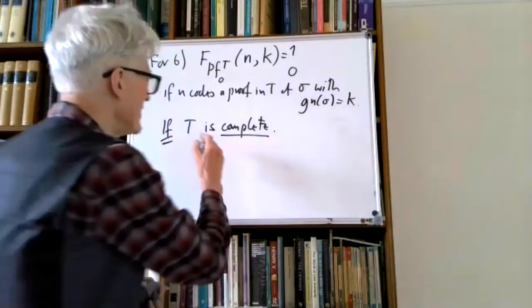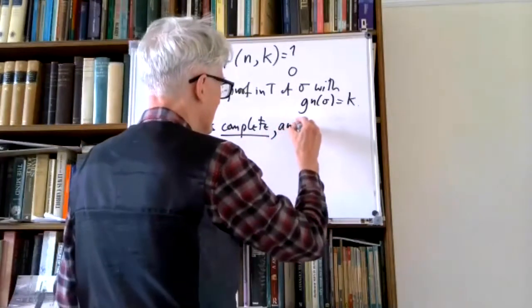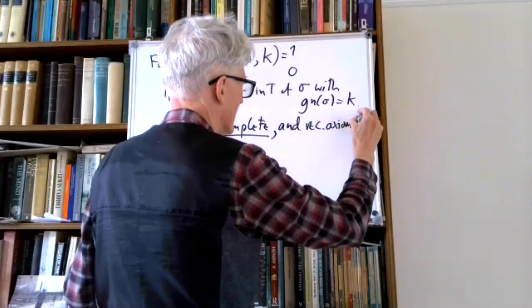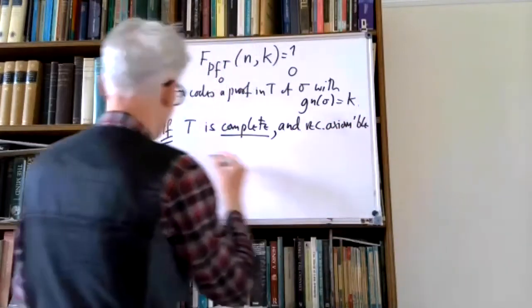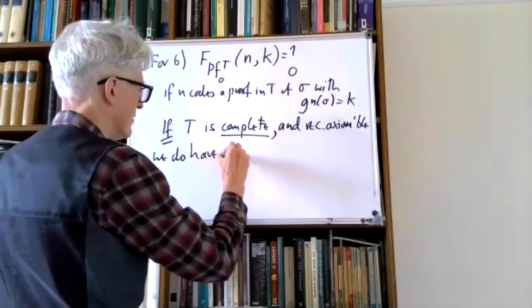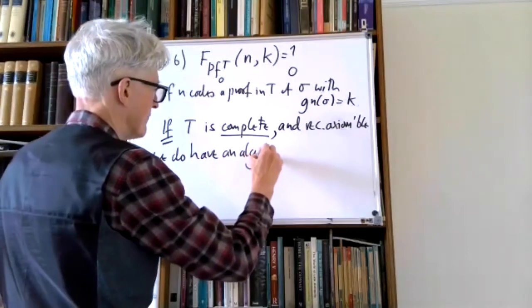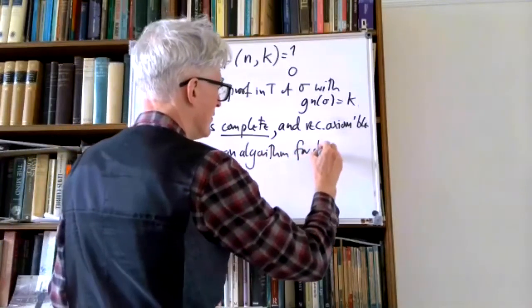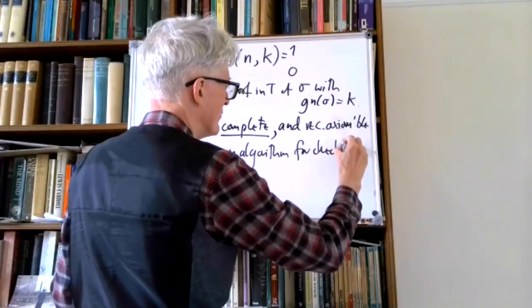So in the case that T is complete and recursively axiomatizable, we do have an algorithm for checking theoremhood.